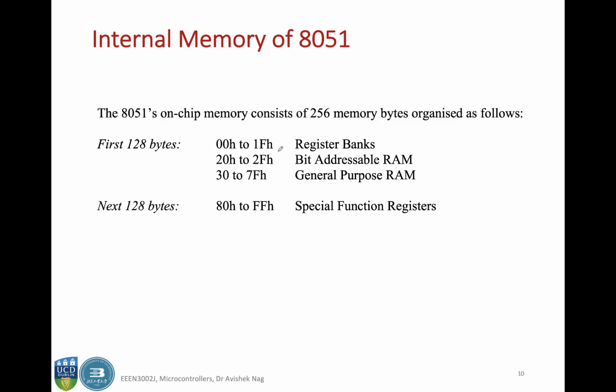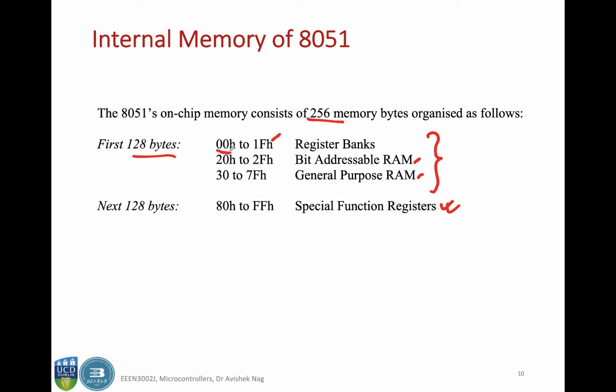So in the 8051's on-chip memory there are 256 memory bytes, and the first 128 bytes are reserved for register banks, bit-addressable RAM and general purpose RAM. And then the next 128 bytes are your special function registers. Okay, and these are the ranges again of the register banks.